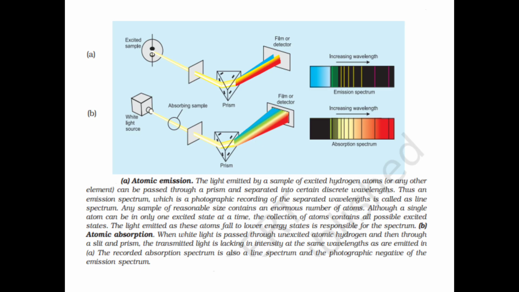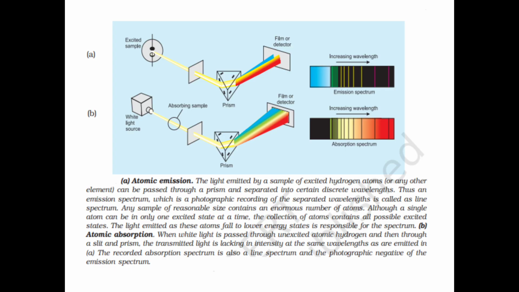Although a single atom can be in only one excited state at a time, the collection of atoms contains all possible excited states. The light emitted as these atoms fall to lower energy states is responsible for the spectrum.